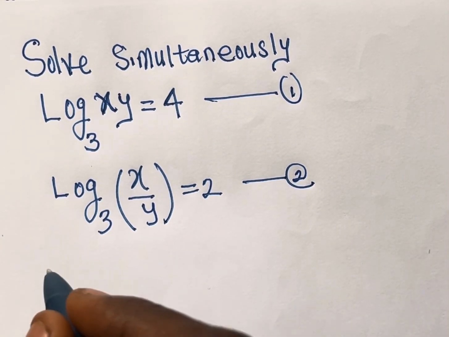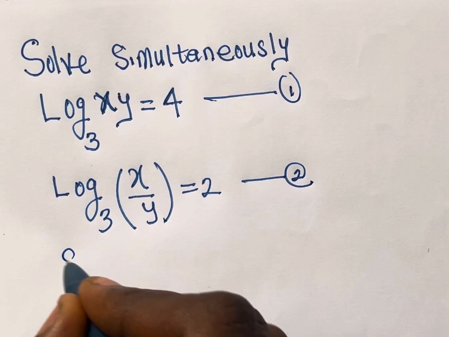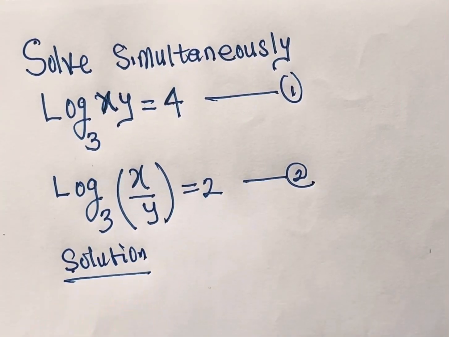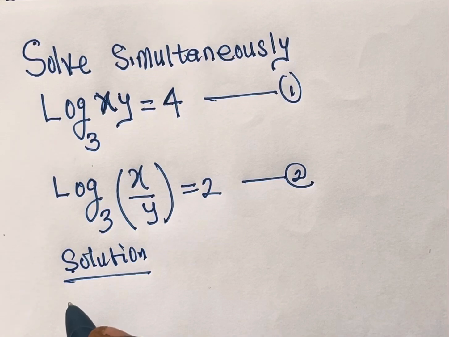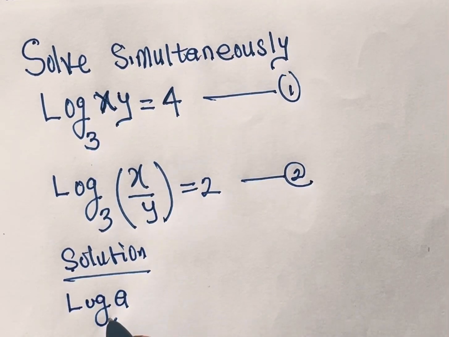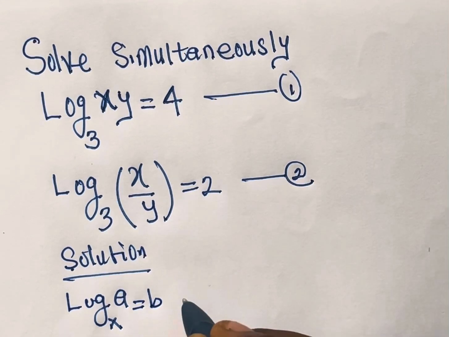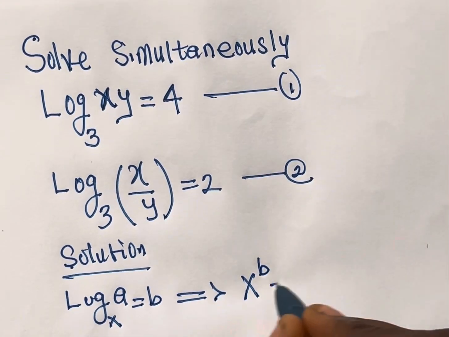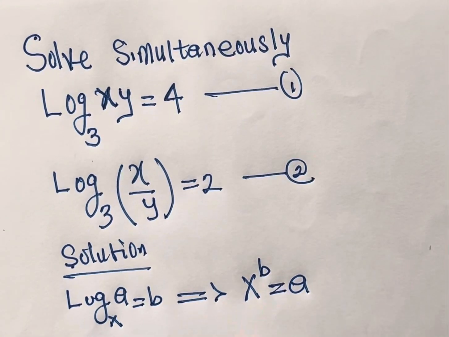From the law of logarithm, when we have log a in base x is equal to b, it implies that x raised to power b is equal to a.